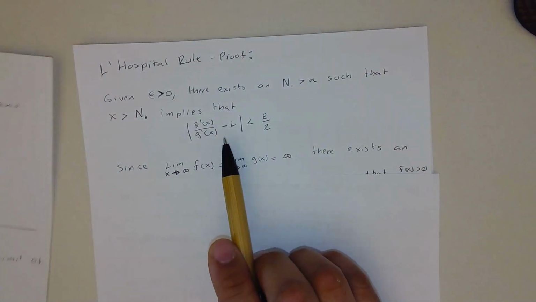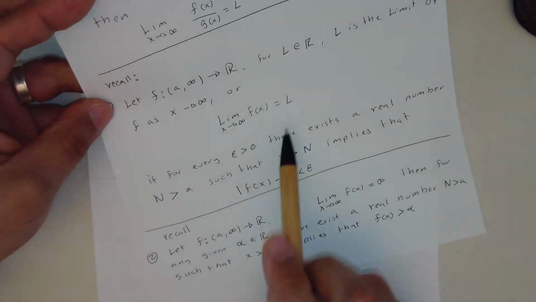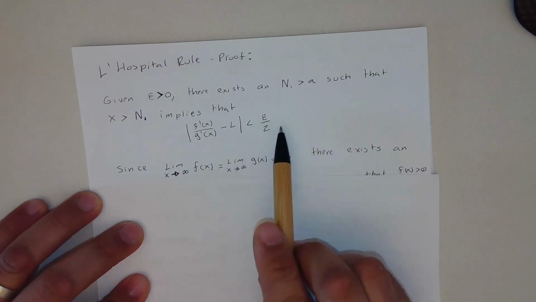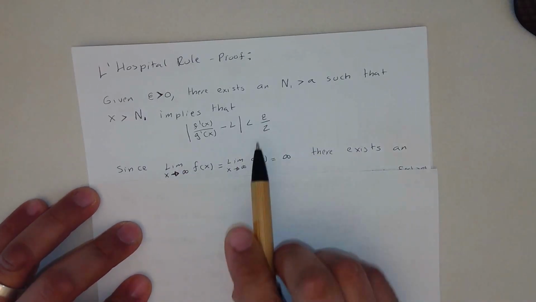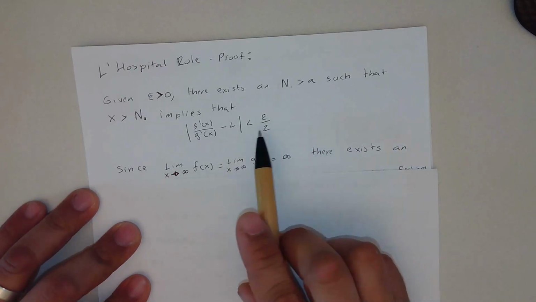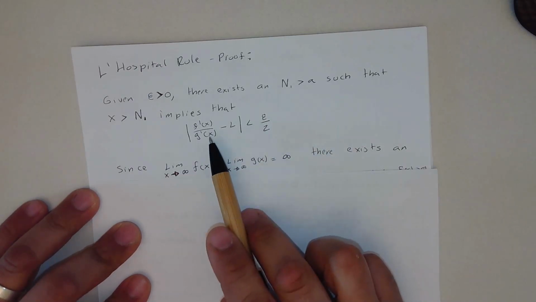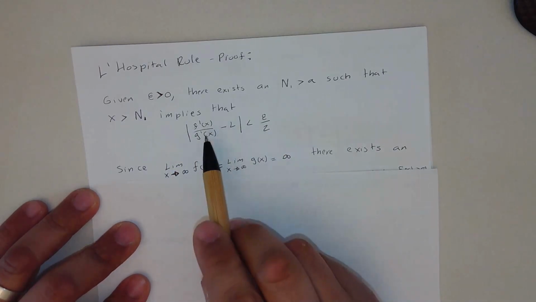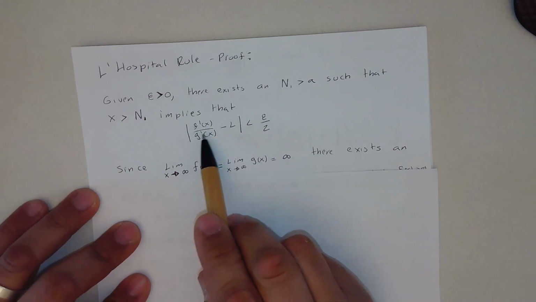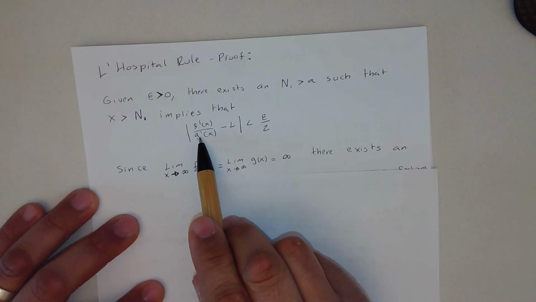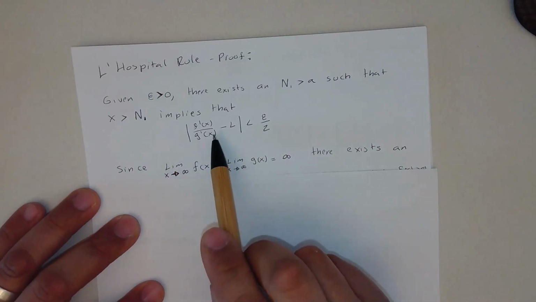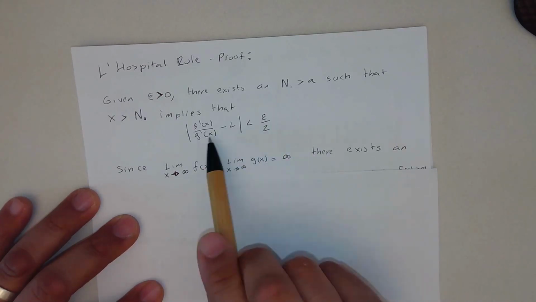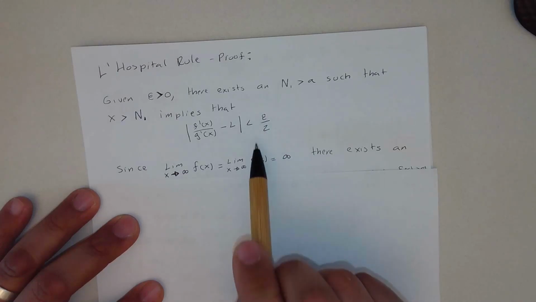This comes from the first concept, but here I can use epsilon over 2. It could be very small, but if it's greater than 0, I can divide it by 2 and still find my n1 such that these conditions hold. So the derivative of f of x over the derivative of g of x will be very close to L, such that the absolute difference is less than epsilon over 2.